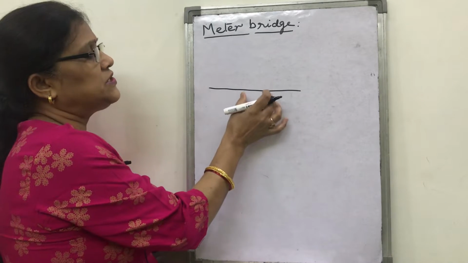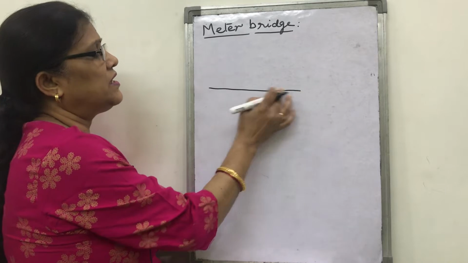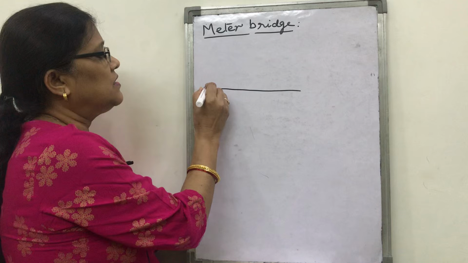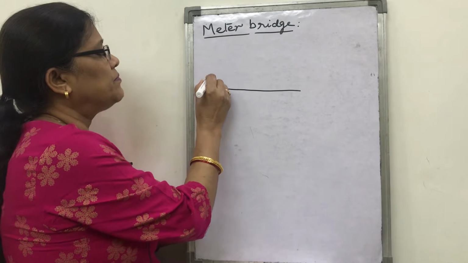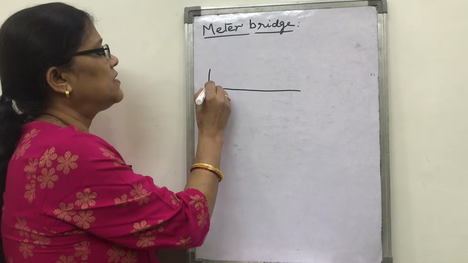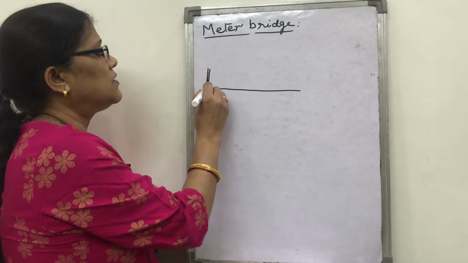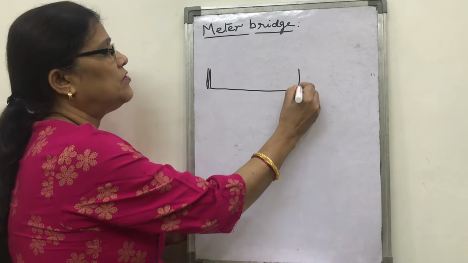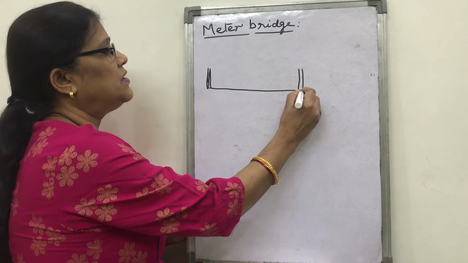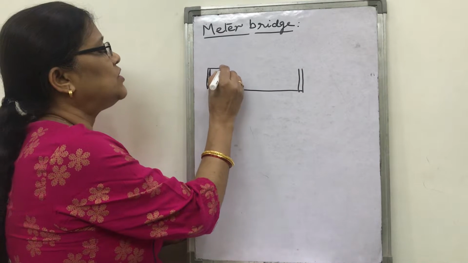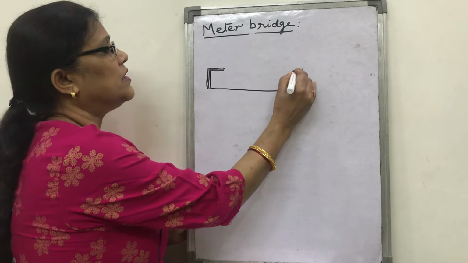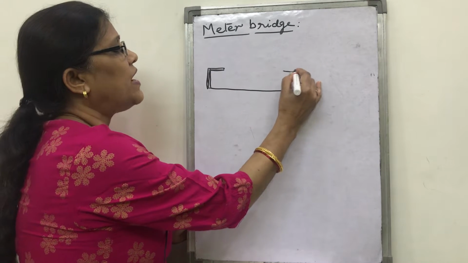It is stretched, and at both ends L-shaped metallic strips are joined, one strip here and the other strip at the other end. This L-shaped strip is made of copper metal or some good conductor metal, and it is flat.